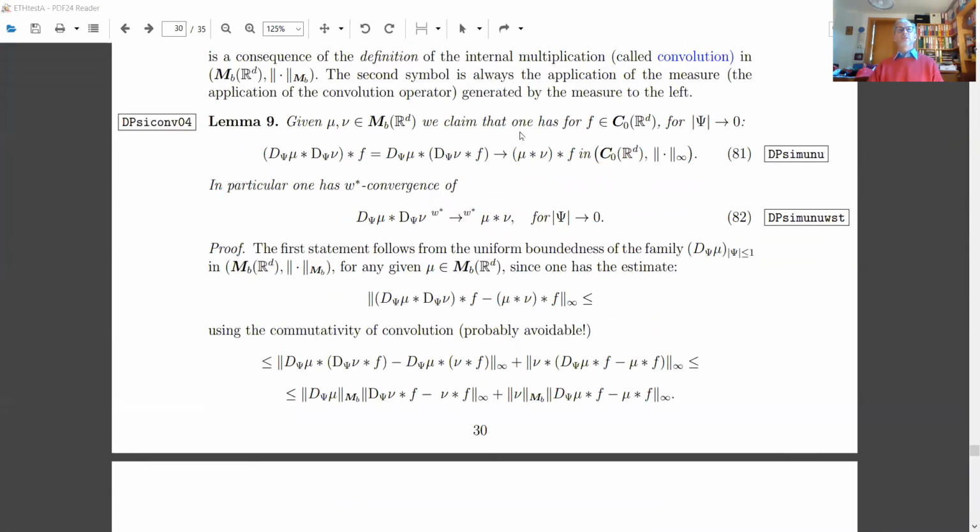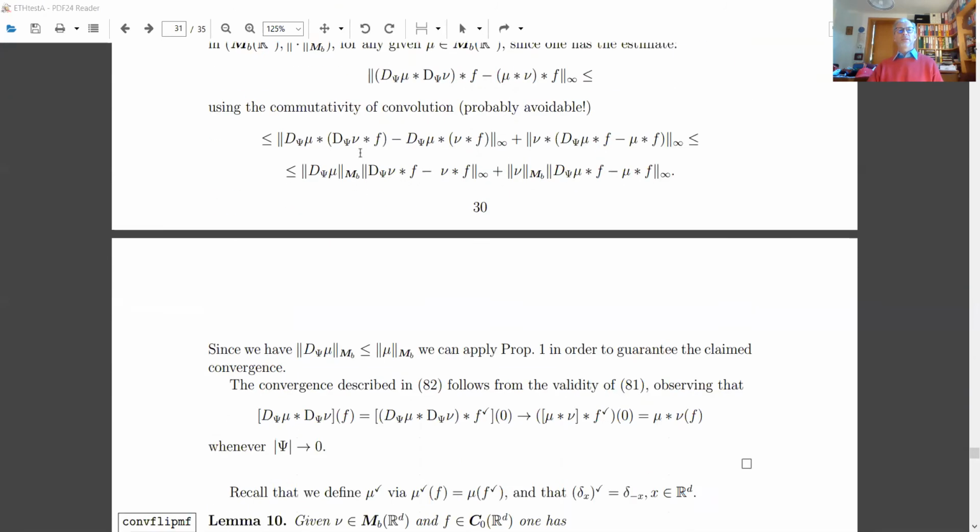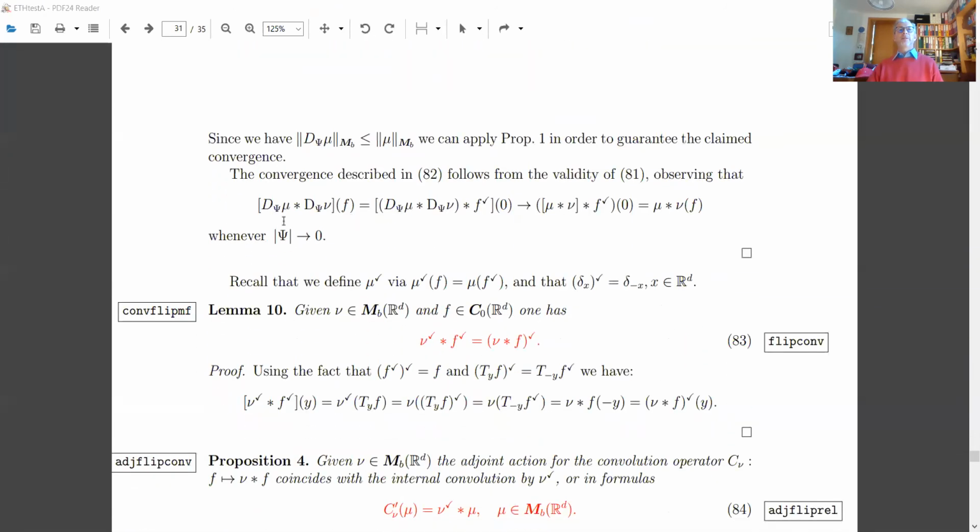Now, in order to specify, and this was the form in which we were using it, that we have weak star convergence, we have to look at the difference. So we look at this discrete convolution. So it's a really internal convolution of discrete bounded measures. And then the result is applied to some function f. And now this translation formula, we translate it back to systems. It's just put a flip into the system generated from the bounded measure and evaluate at 0.